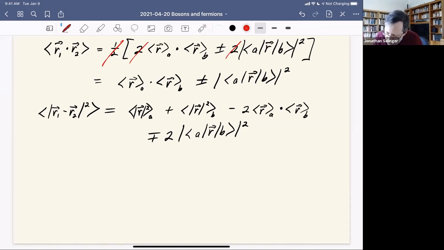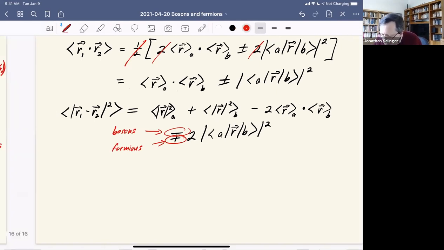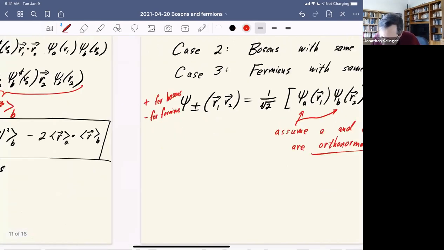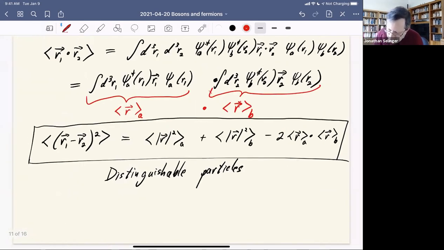And here, the minus sign, the top sign, is for bosons, and the bottom sign, the plus sign, is for fermions. And by comparison, when we had distinguishable particles, let me copy and paste that result. That's this thing here.